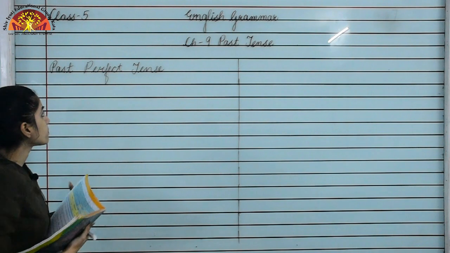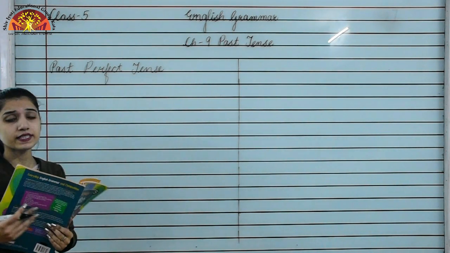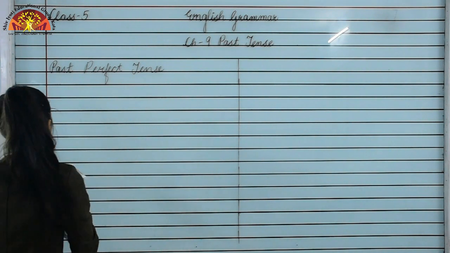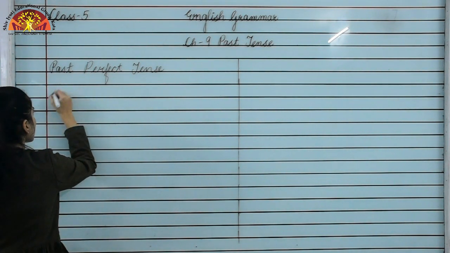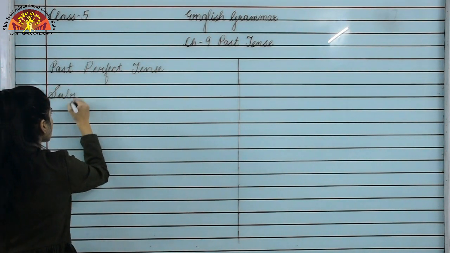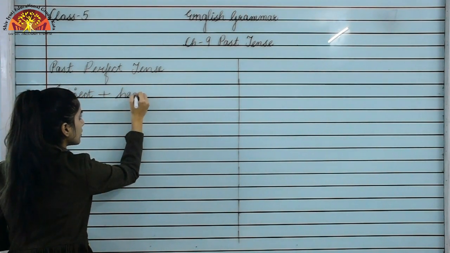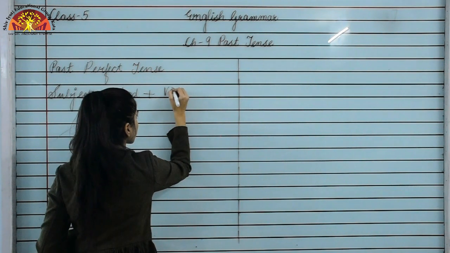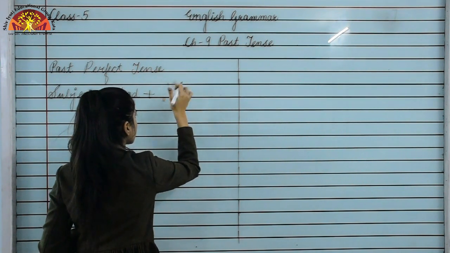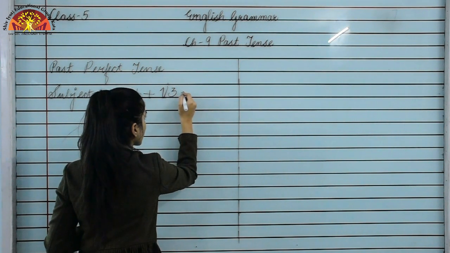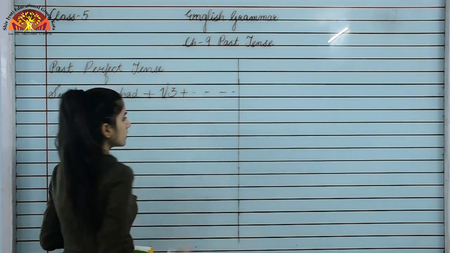Okay, so now I am writing the structure for the past perfect tense. Please look on the board. It is subject plus had plus the third form plus the rest of the sentence.